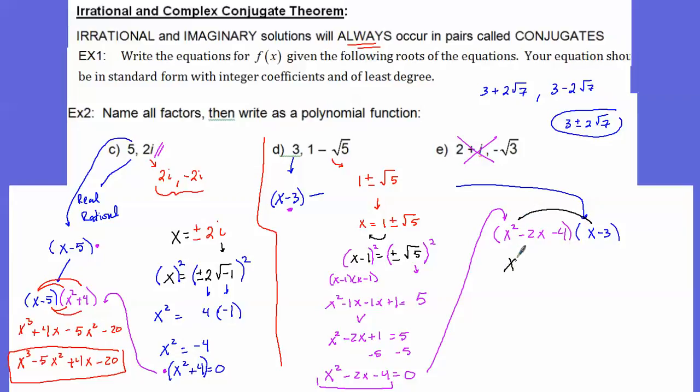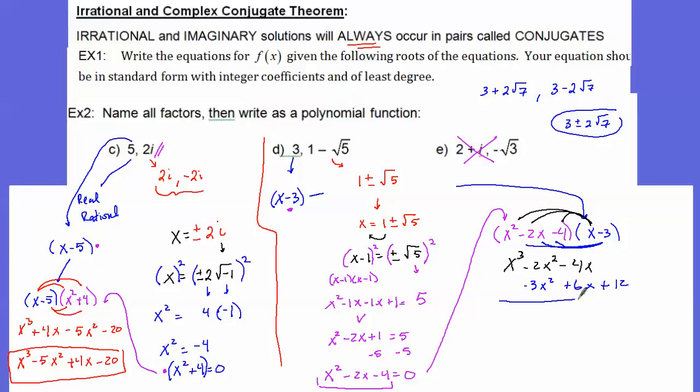This is going to give me x cubed. This will give me negative 2x squared, negative 4x. And underneath in blue, this is going to give me negative 3x squared. This part will give me positive 6x last. This will give me positive 12.